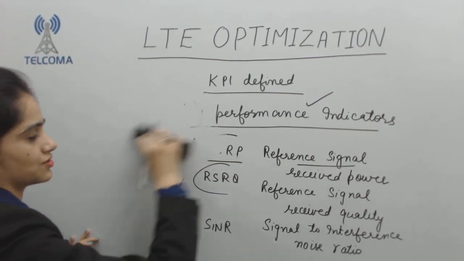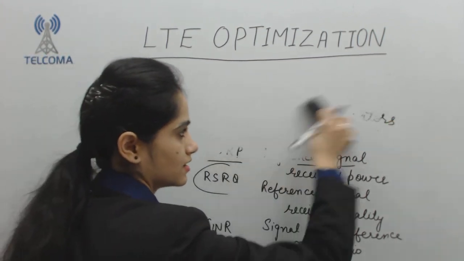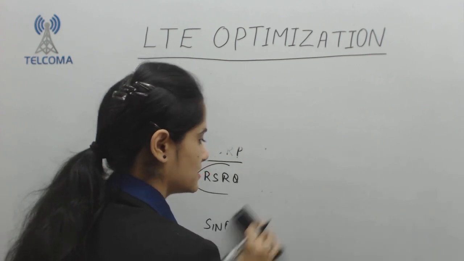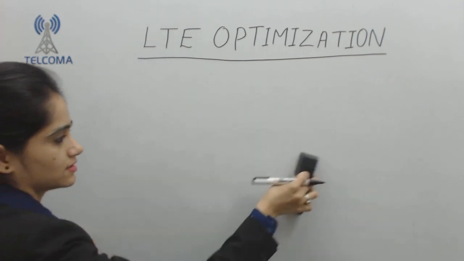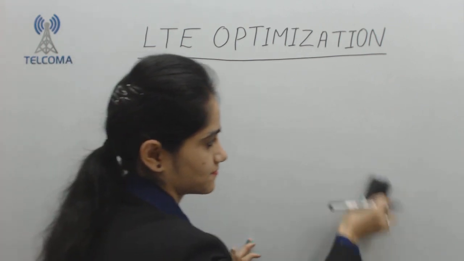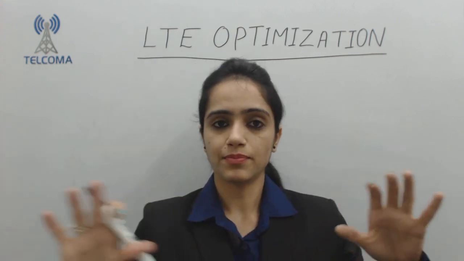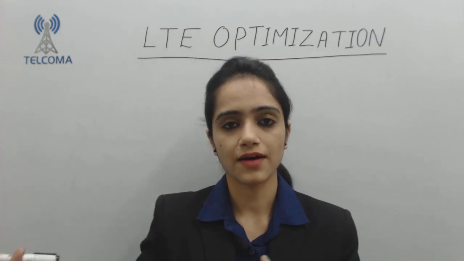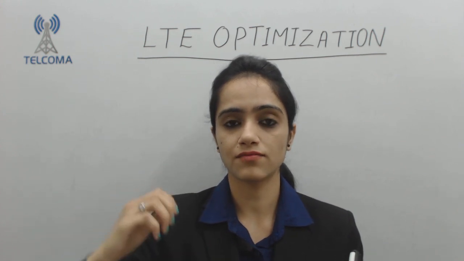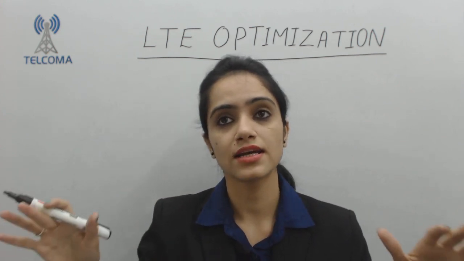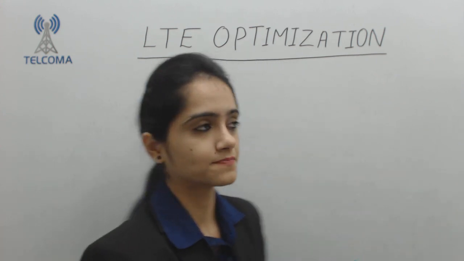Now optimization is basically a process, that means it is divided into a number of parts. We have deployed the network, that means planning. After that, we are using the network. Now we require continuous optimization of that network.